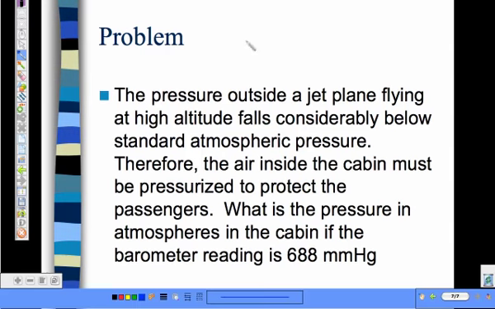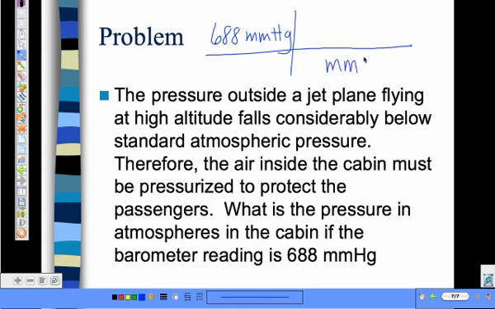So if we have 688 millimeters mercury, how would we get that into atm or atmospheres? Units need to be millimeters mercury on the bottom, right? And we'd have atm on top. So 760 on the bottom and 1 on top. Yep, you just use your equivalents that we just had.